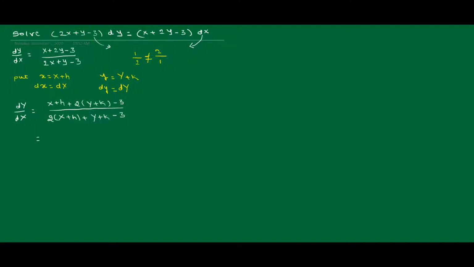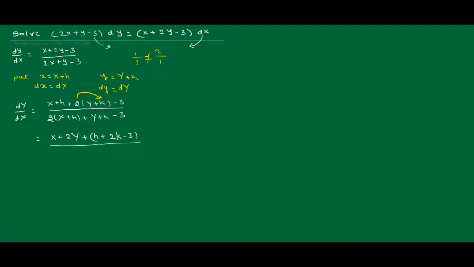So first in the numerator, I will write X as it is, plus 2 into Y, that is 2Y, plus the remaining terms: h plus 2 into k, that is 2k, minus 3, bracket complete.